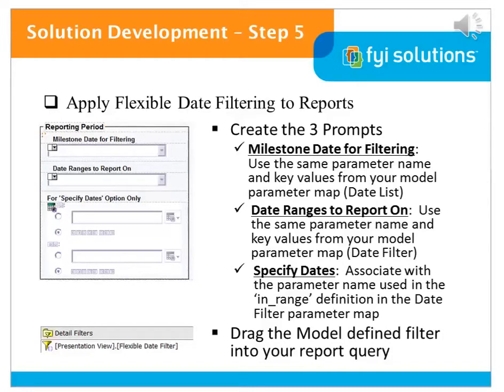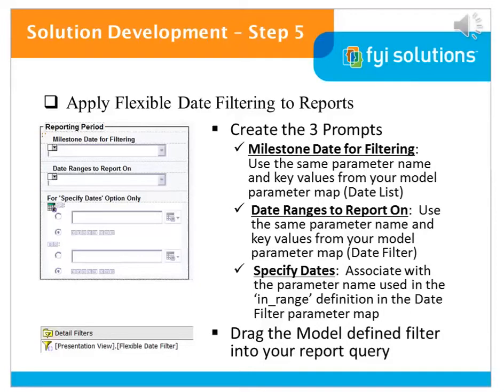The first one, which we've labeled milestone date for filtering, is where the user is actually going to identify the date to use. So this is where we're going to put in the values that were actually the keys within the date list. They will be the values that are selectable for this prompt. So the selection here will drive the row that's returned from the date list parameter map.